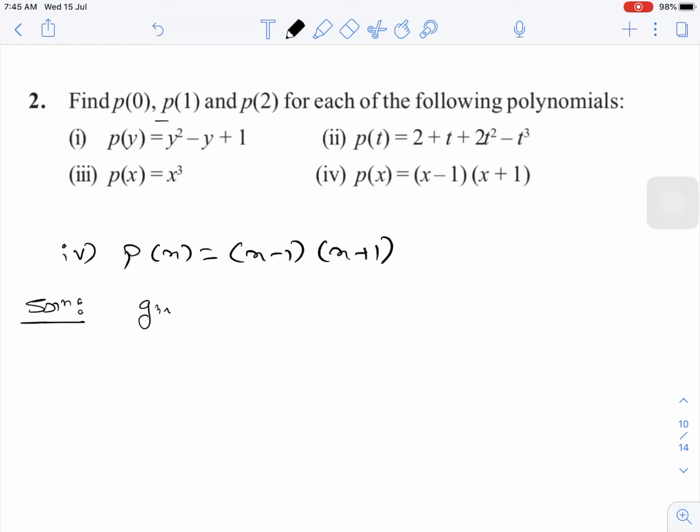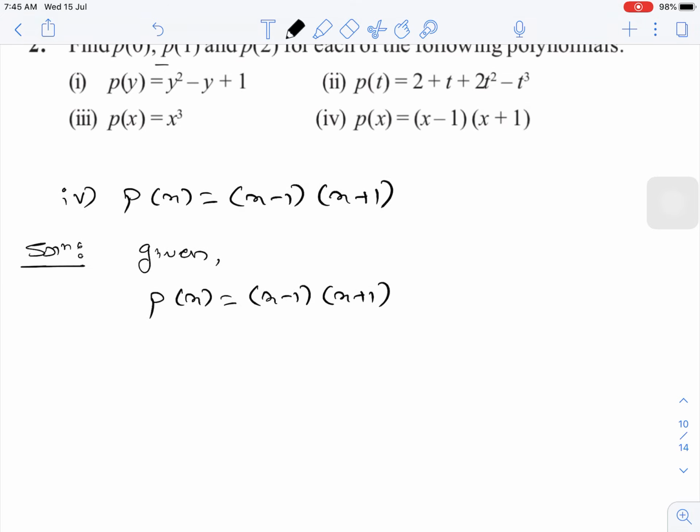Solution. Now given p of x equals (x minus 1)(x plus 1). Now we know that (a minus b)(a plus b), or (x minus 1)(x plus 1), can be written as, therefore p of x equals x square minus 1 square, that is p of x equals x square minus 1.